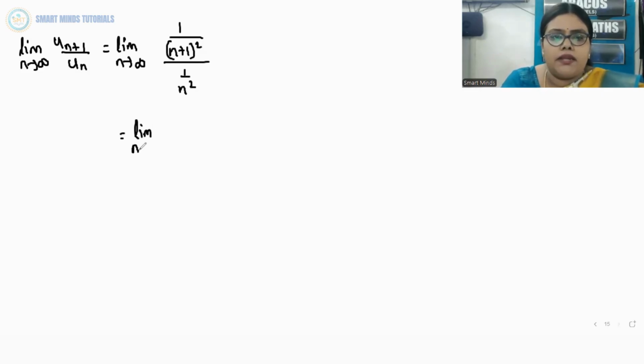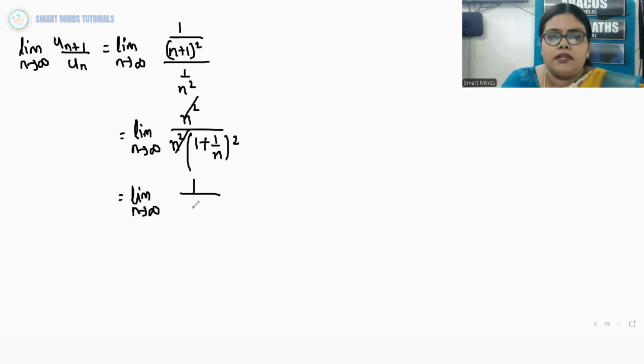If I bring this 1 by n square up, it will come in the numerator. And from this n plus 1, I will take n common. So if I bring it outside, it will become n square. And you will get 1 plus 1 by n whole square. So that is limit n tends to infinity, n square cancel, 1 by 1 plus 1 by n whole square. That is 1 by 1 plus 0 whole square, which is equal to 1.